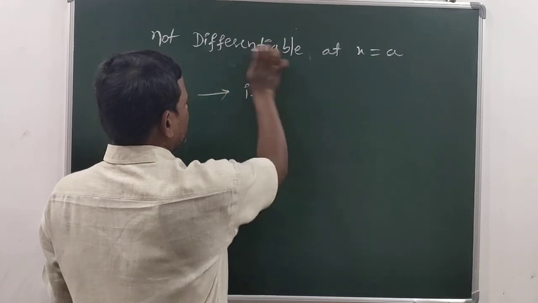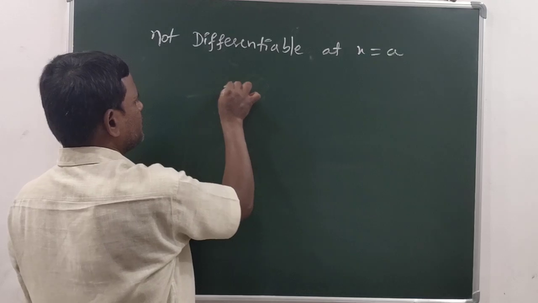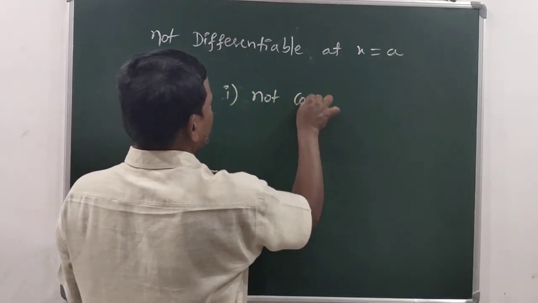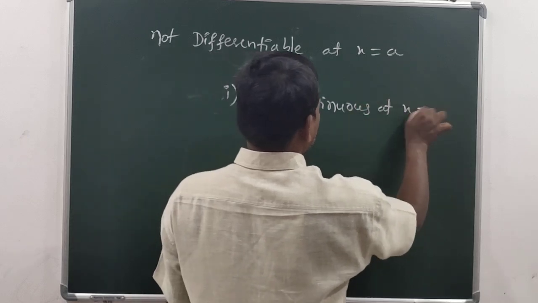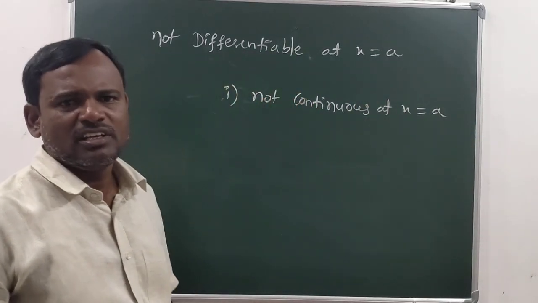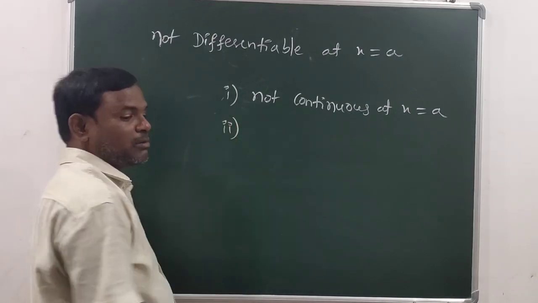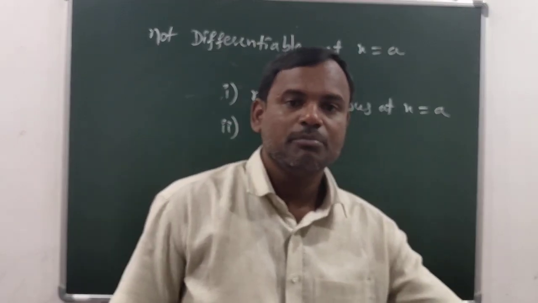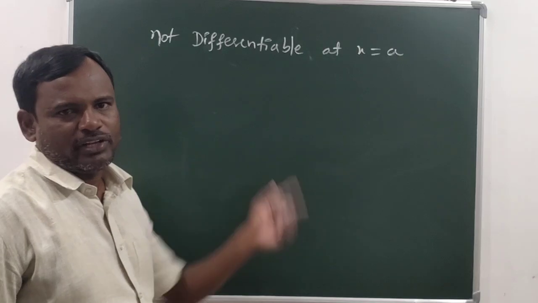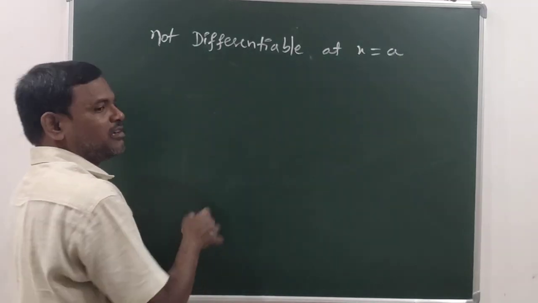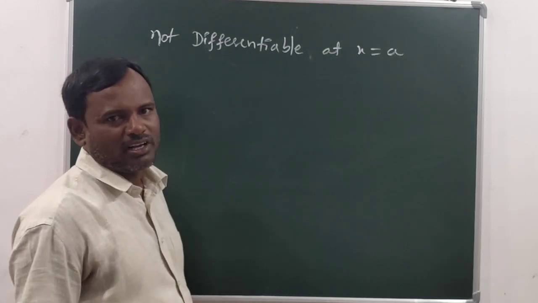If a function is not continuous at x equal to a, then it is not differentiable. And second, sometimes it is continuous but may not be differentiable. This is one case: if it is not continuous, it is not differentiable. And suppose it is continuous, then you have to check whether it is differentiable or not.